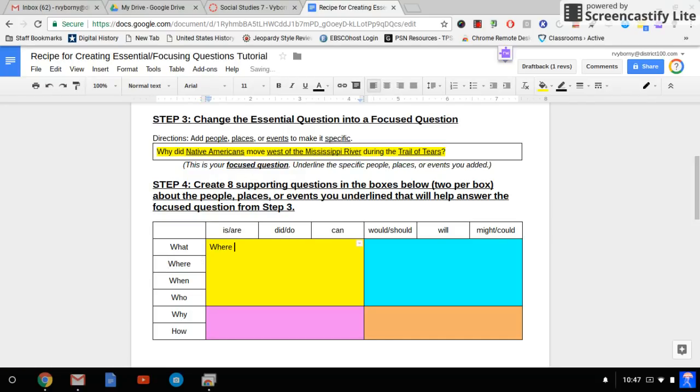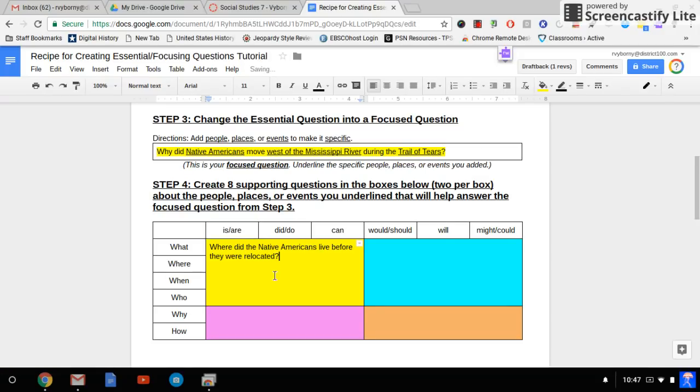Where did the Native Americans live before they were relocated? That's something I wanted to know.